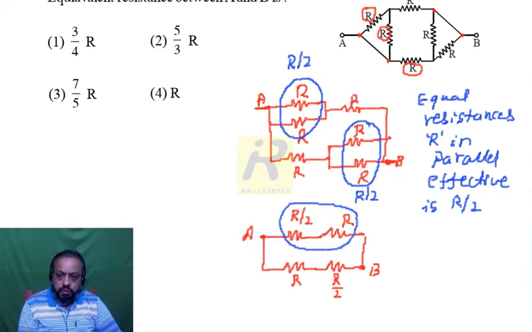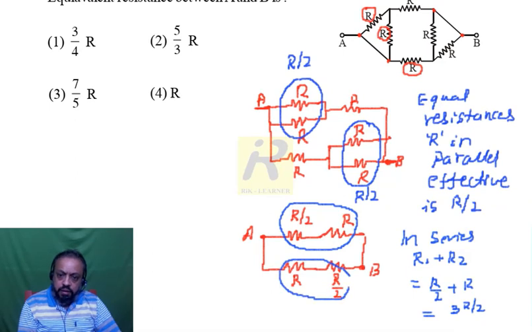These 2 are in series, right? In series we always add the resistors. So I have to add R divided by 2 and R. How much is it? It is 3R by 2, right? So this is also the series case, and here also we get 3R by 2.